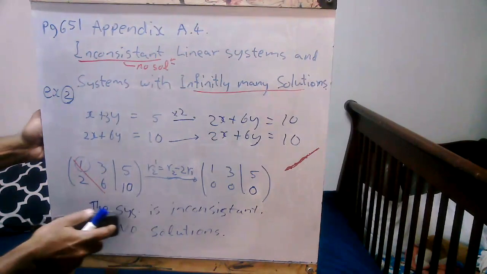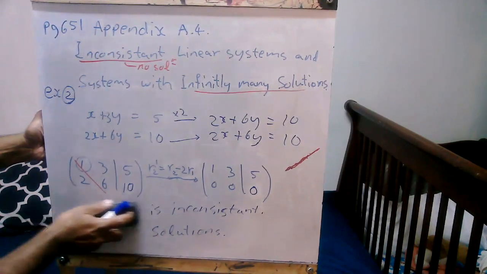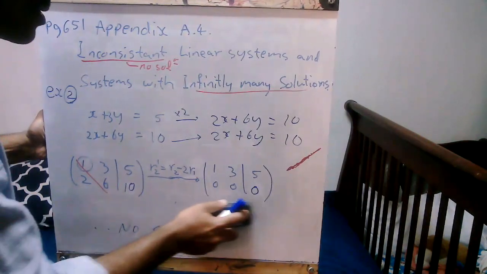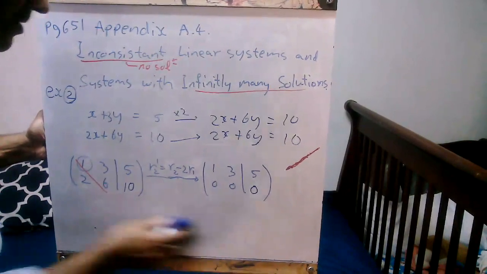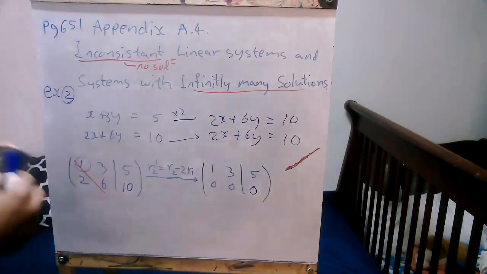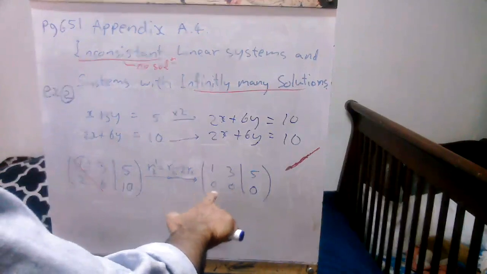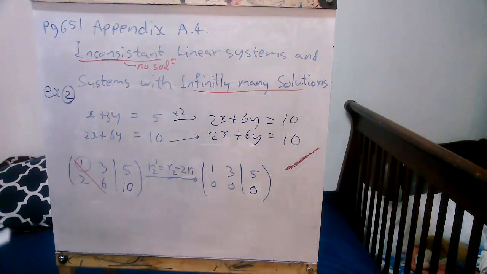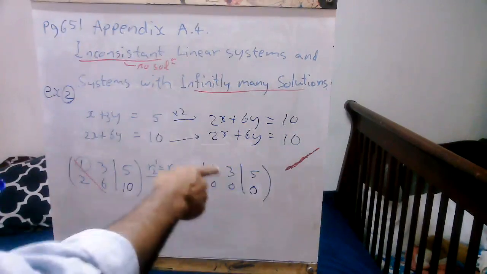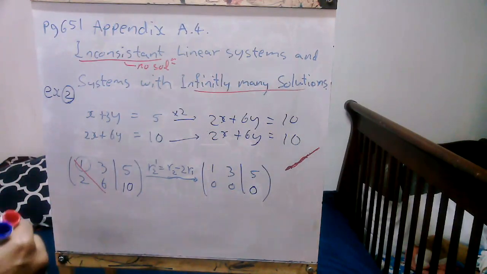Now this change, when we have this entire row equal to 0, that means this system has many solutions.